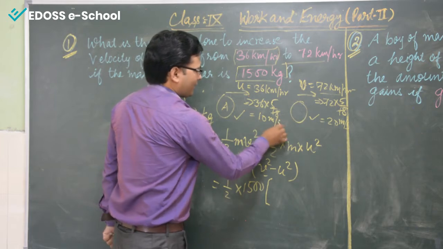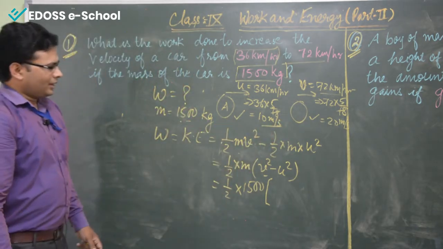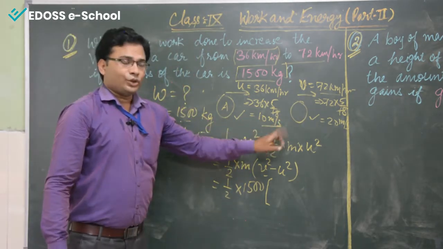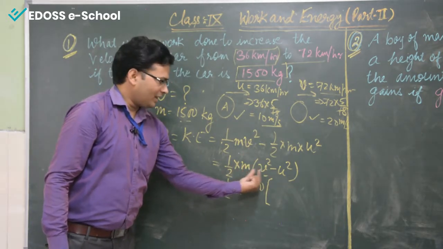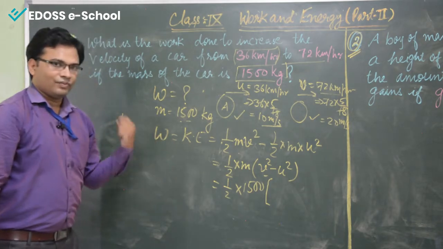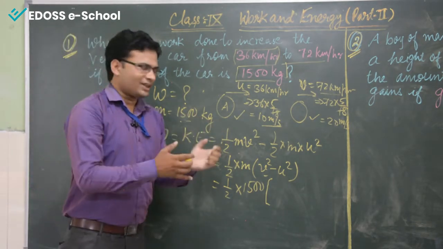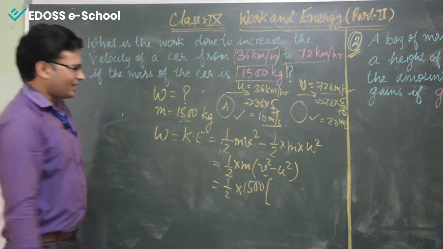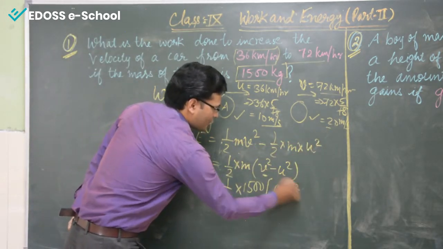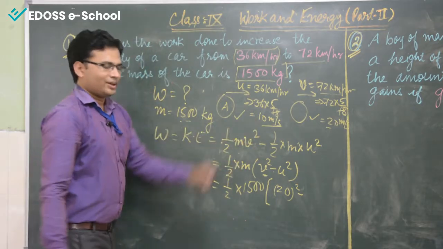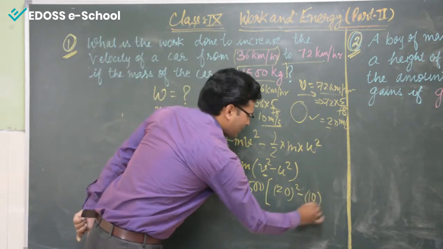This is very important in this task, that we need to convert all the physical quantities, say mass, velocities, kinetic energy, work done, everything into SI units. So you need to remember the SI units. So final velocity becomes 20 square minus initial velocity 10 square.